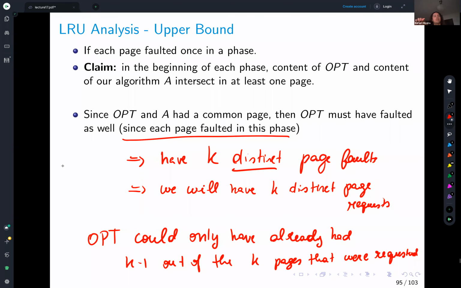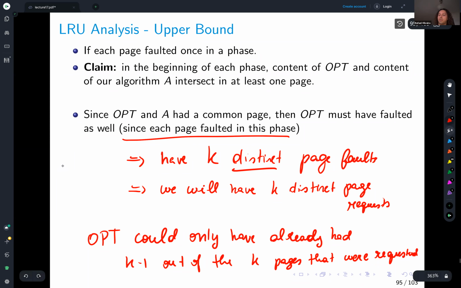Does that make sense? But we know that P1 up to PK does not contain the page P, right? Because each page faulted in this phase. So in particular, P also faulted, right? So this is a contradiction. Does that make sense?